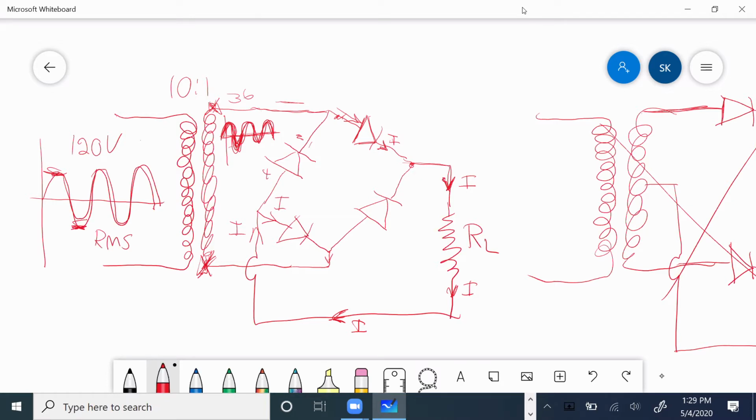So this is like forward bias when that is negative. The current will go that way this time. It arrives here, and it cannot go there because this diode won't conduct. It will go that way, through the load and back in there.